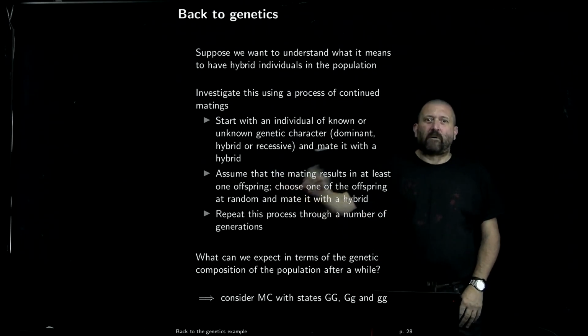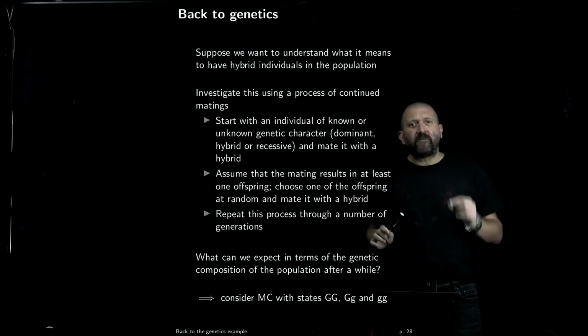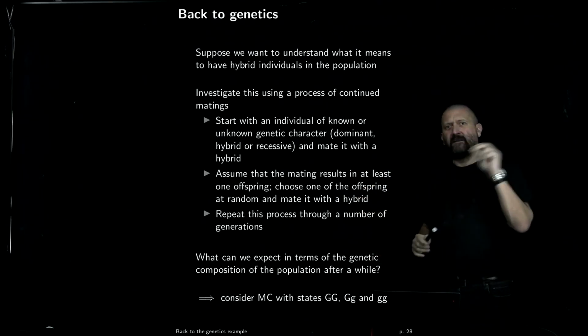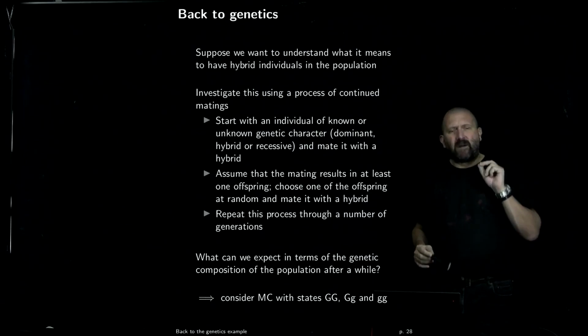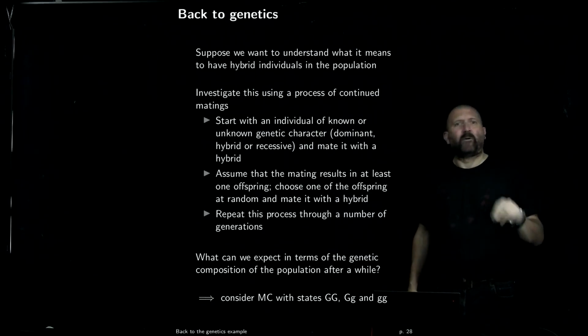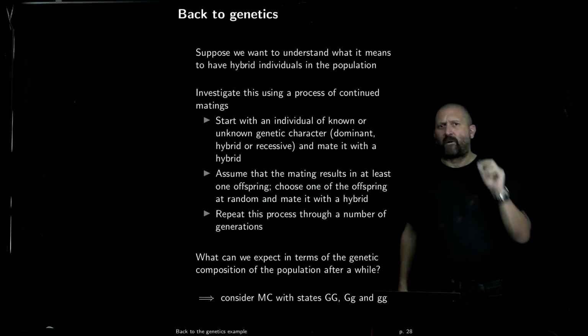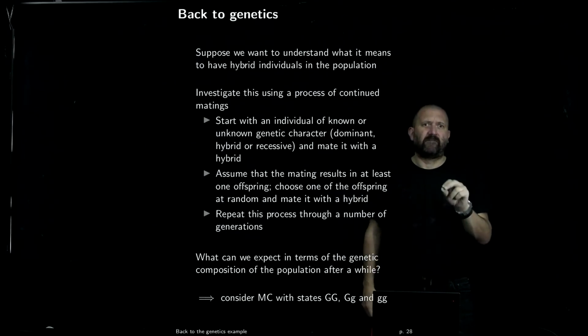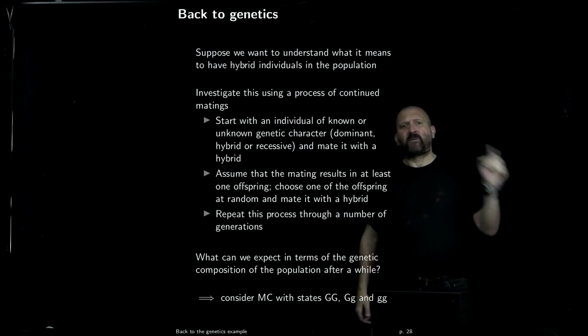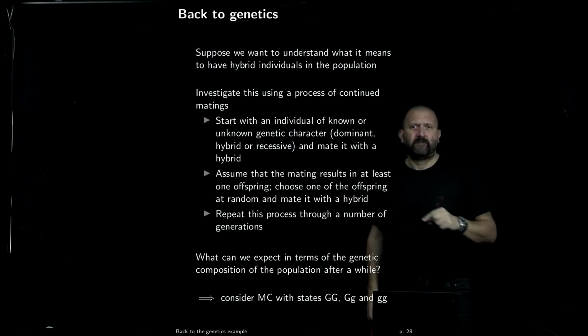And I'm going to mate it with a hybrid every single time. So I take an individual at random. It might be of known type or it might not be of known type. But what happens is that every time I pick an individual, I mate it with a hybrid. So every single time I put a hybrid in there.